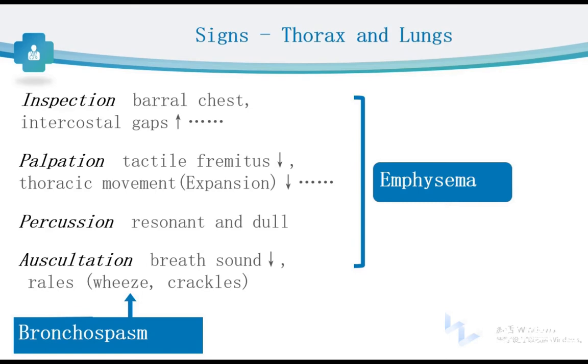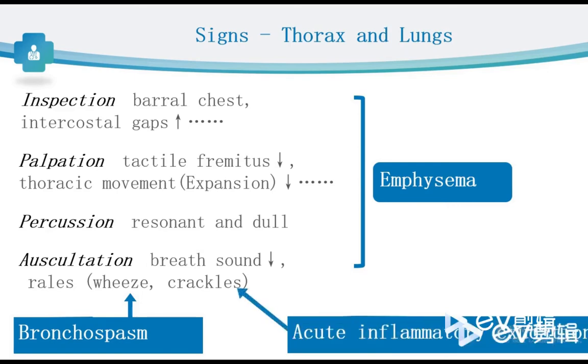And sometimes we can also hear crackles. The crackles mean that there is some fluid in the lungs. So, we can suspect acute inflammatory exudation in the lungs, for example, pneumonia.